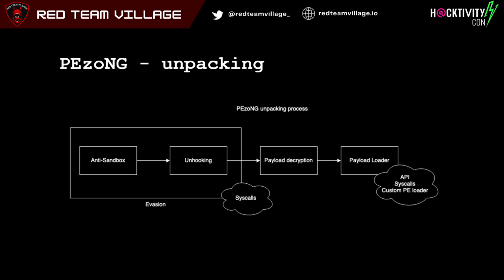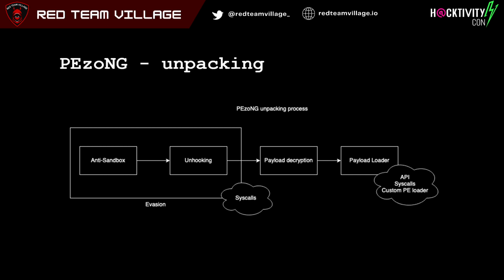The unpacking process is slightly more articulated because we have to address more stuff, and we divided it into macro categories, namely evasion, decryption, and loading. With regards to evasion, we implemented unhooking and anti-sandbox, and everything is implemented using direct system calls.